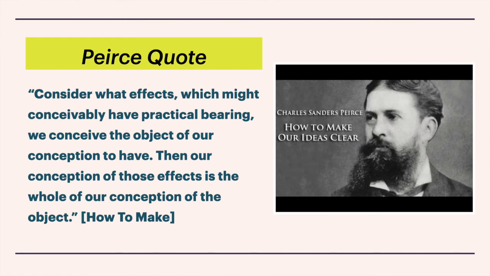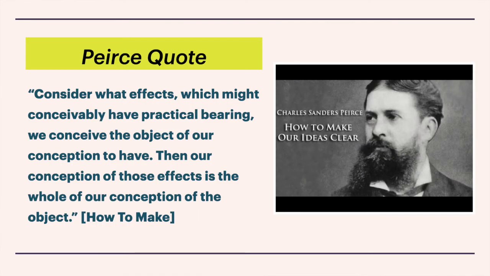And the third grade of clarity accords with the experimentalist approach to inquiry and laboratory experience that he was describing in the first article. And he says about this third grade of clarity, consider what effects which might conceivably have practical bearing we conceive the object of our conception to have. Then our conception of those effects is the whole of our conception of the object.